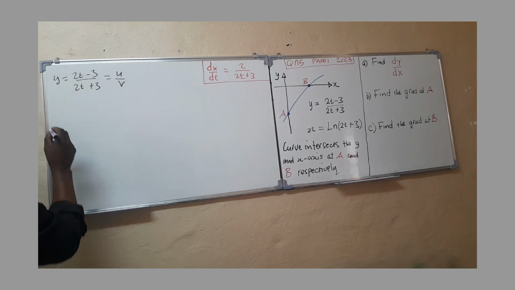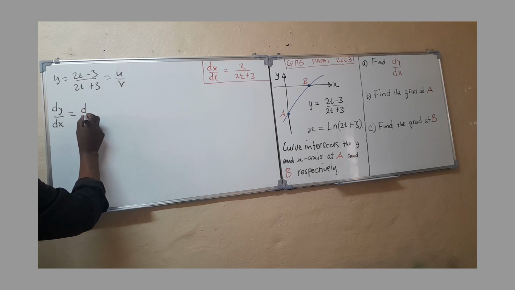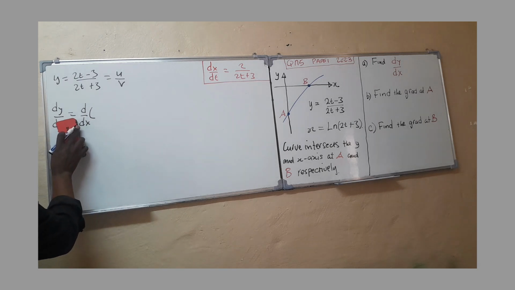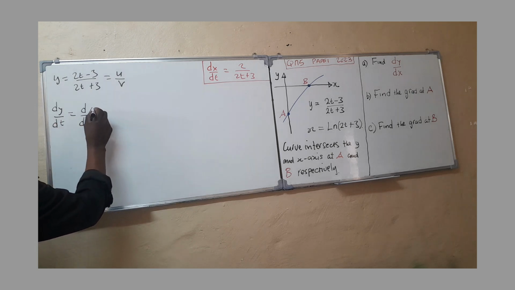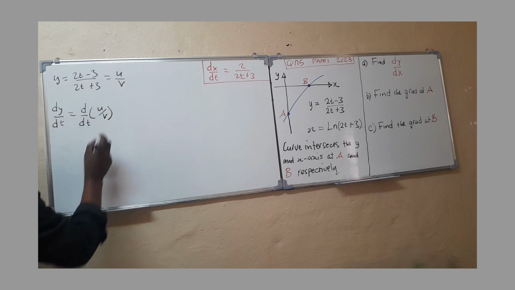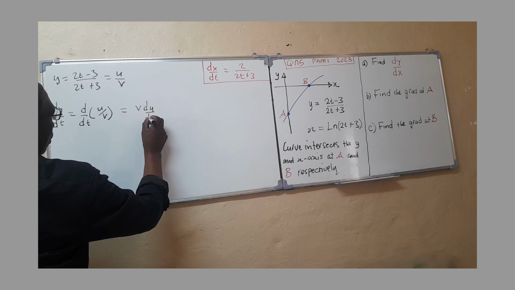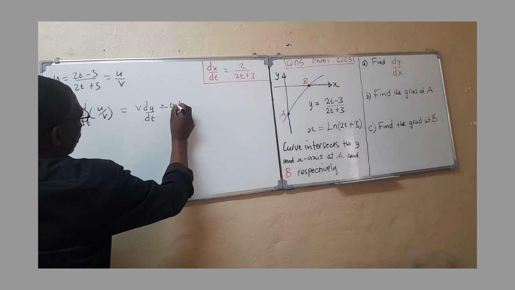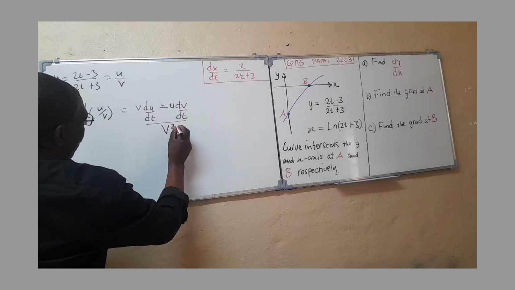Now, the quotient rule says dy/dt, d/dt of u over v, is equal to (v du/dt minus u dv/dt), all divided by v squared.